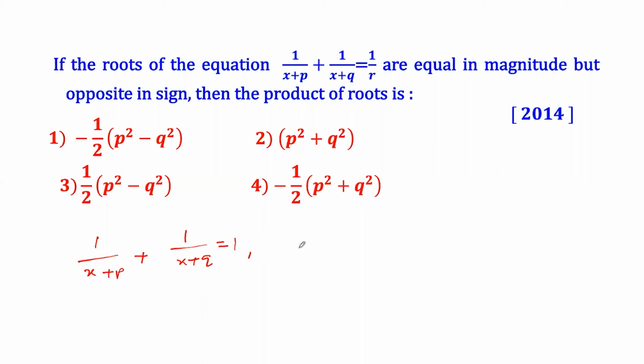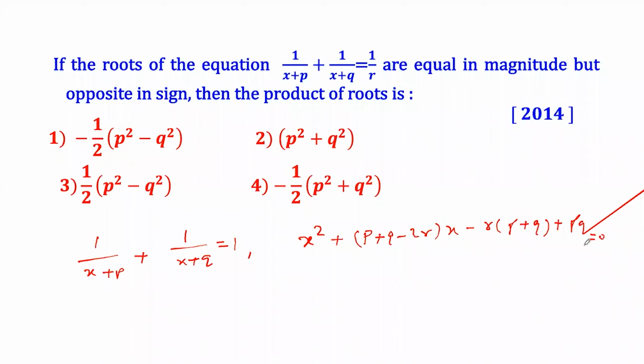So after solving this, the cross multiplication, we are getting x square plus (p plus q minus 2r) into x minus r times (p plus q) plus pq is equal to 0, right?